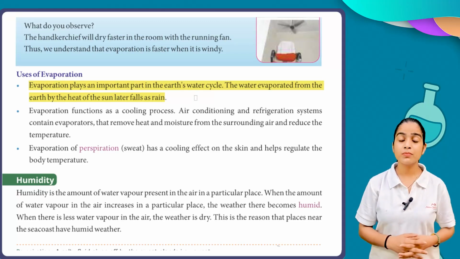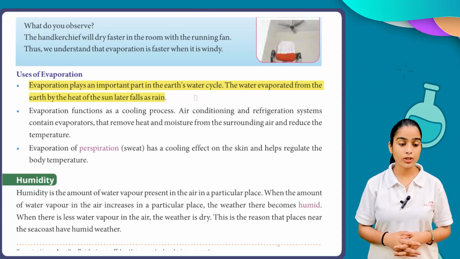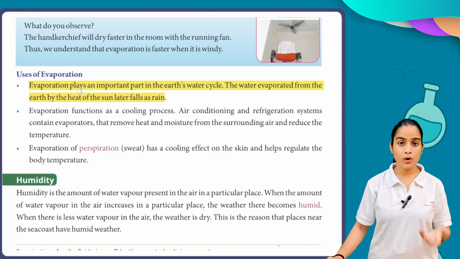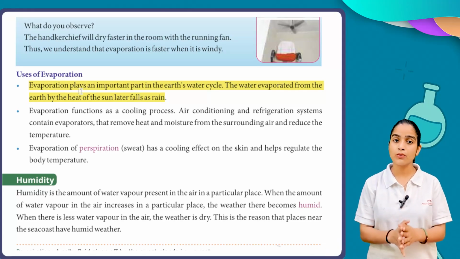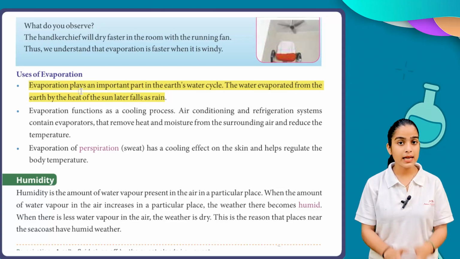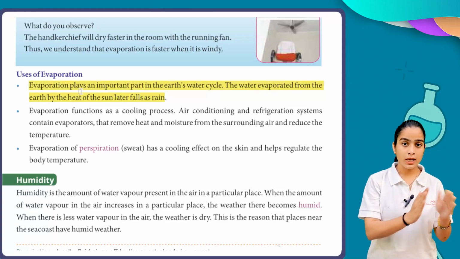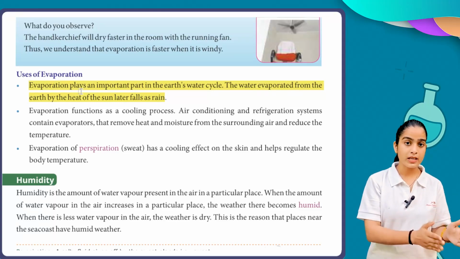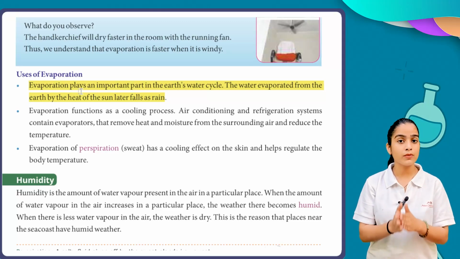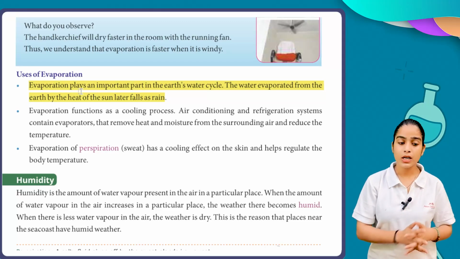So evaporation plays a very important role in the water cycle. Now, what is the water cycle? We are going to study this in a later section, but for now just understand that the water in lakes, ponds, and rivers is transported in the gaseous form and will be used as rainwater.